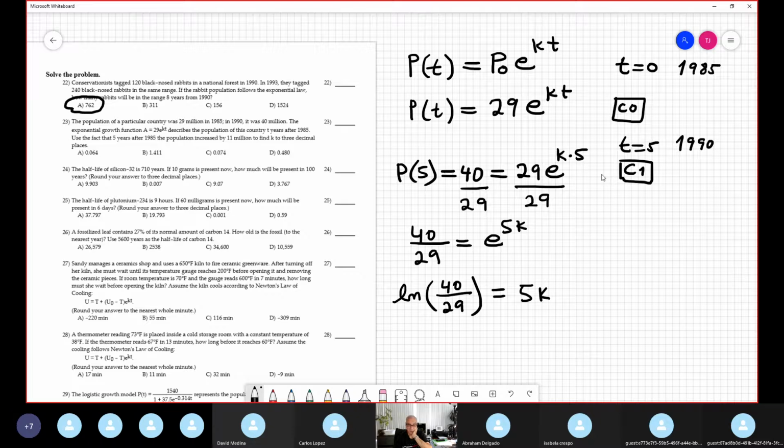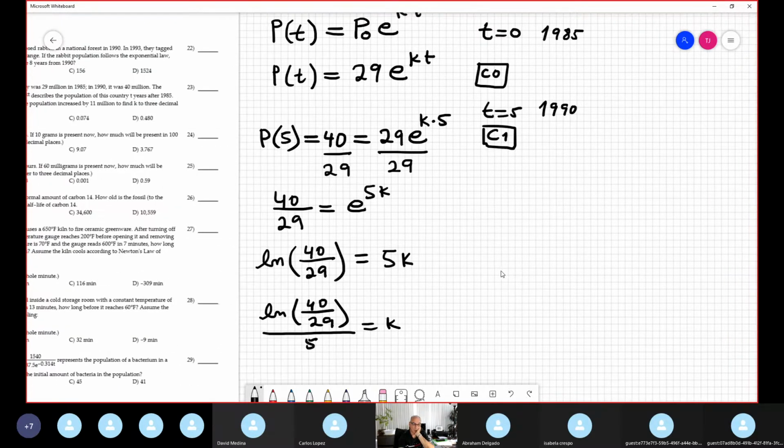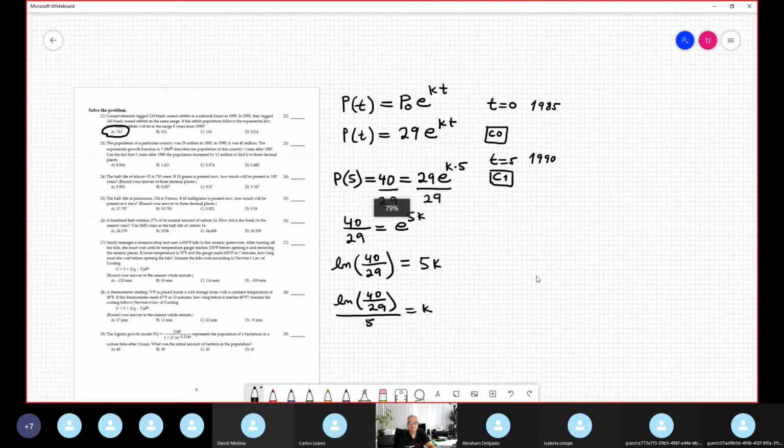Therefore, my famous k is natural logarithm of 40 over 29 divided by 5. Okay? And you leave it like that, or you put in a calculator, compute the decimal approximation, store in memory, and we're waiting for the condition 2.